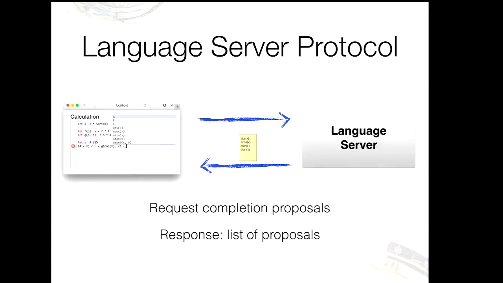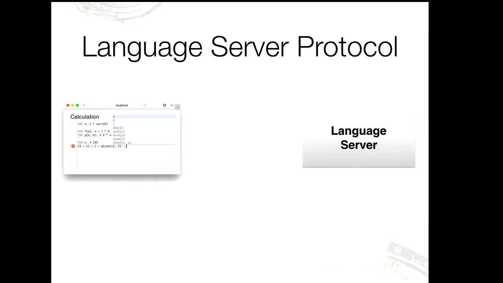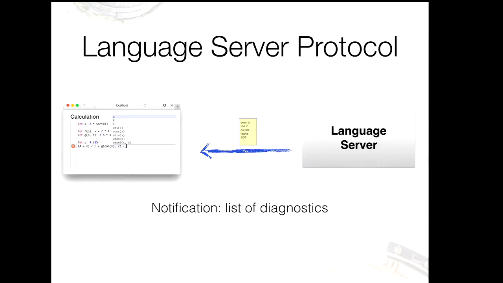It's a little bit different this time for validation. Here it's the server who initiates the notification to the client that there are diagnostics. So the server this time is the one who decides when to do the validation and when to send the message to the client about the results.